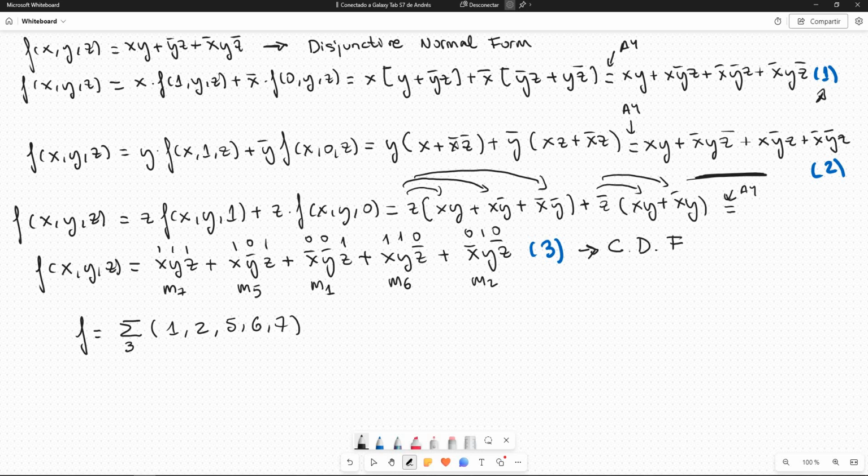We have solved the exercise. We have the canonical disjunctive form in its compact way and its algebraic way. Note that it's really easy to pass to the canonical conjunctive form. Remember that in the conjunctive form we use the max terms.